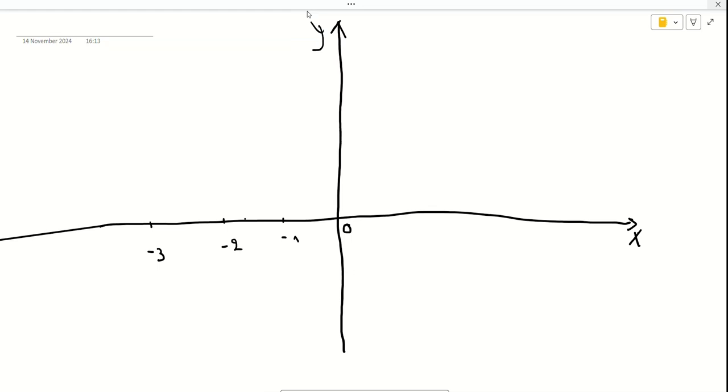We have computed f of 0 is 0, so the function will pass through this point. And f of minus 1, we have seen that it's minus 1. Then we have 1 here.